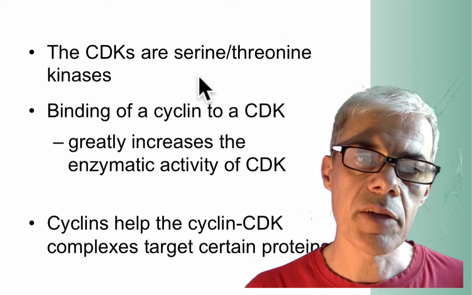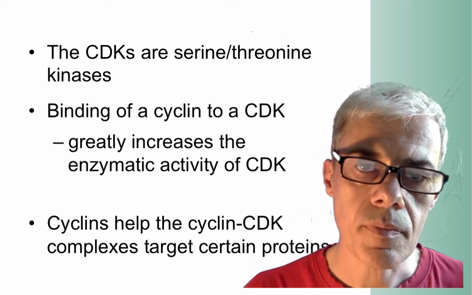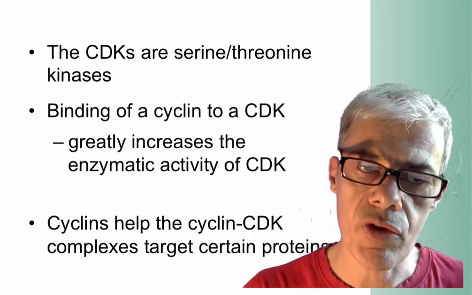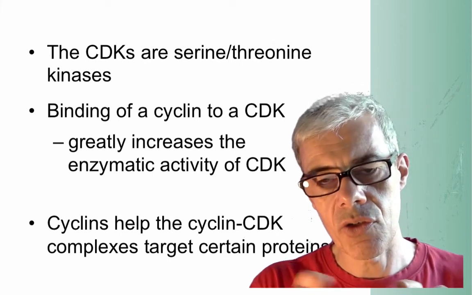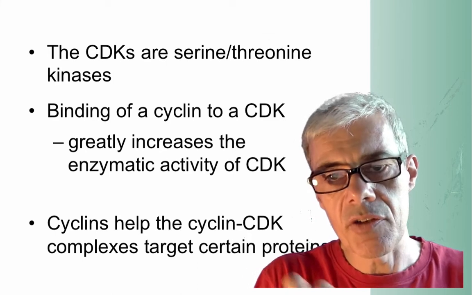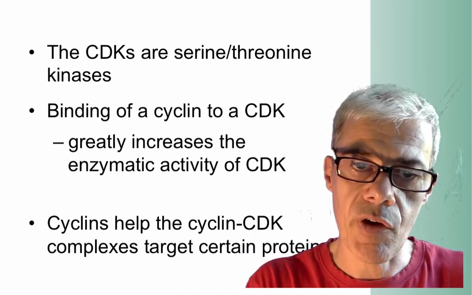So cyclin-dependent kinases, the kinases themselves, phosphorylate other proteins on serine or threonine residues. Now, if you remember, serine and threonine are just short aliphatic amino acid residues with an OH group on the end, and it's the OH group that can be phosphorylated.